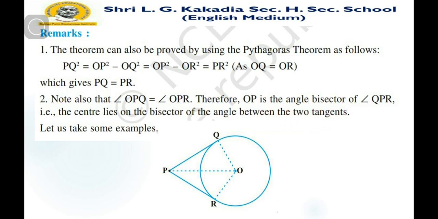So by that way we remember that OPQ and OPR are equal because OP is a bisector of angle QPR. So using all these properties, let us also prove some examples.